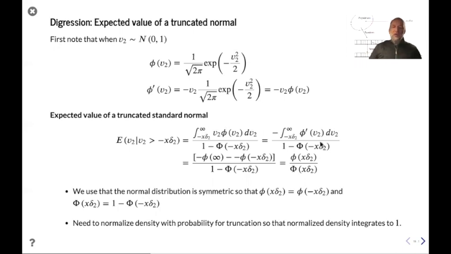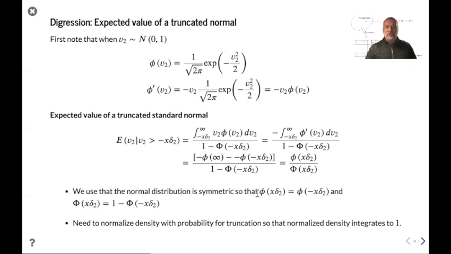Okay, and now there's a little bit of reducing that, but the main work is writing this up, and then the rest is just mechanics and manipulations with integrals.